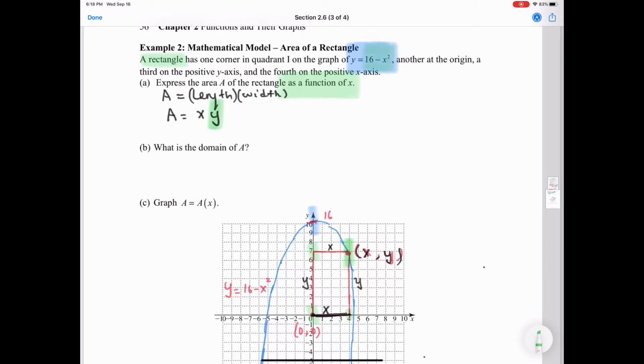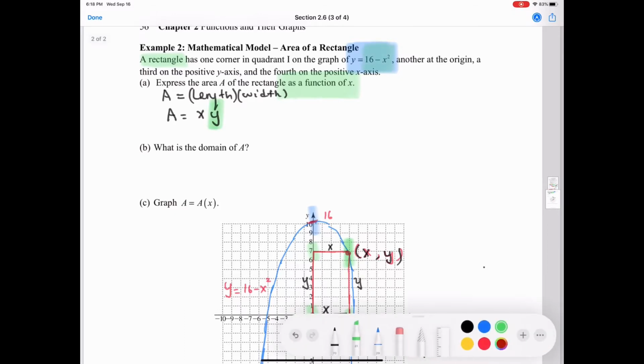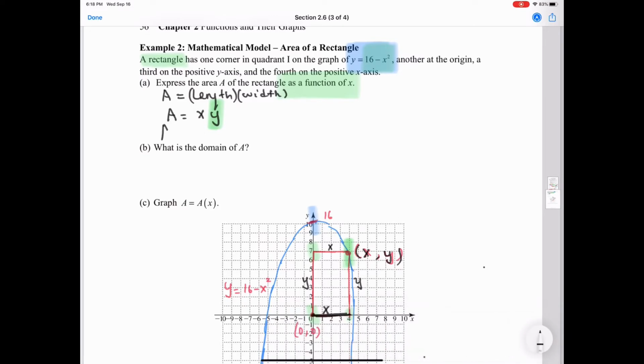Now, the same thing as we did before. If you look here, I have two variables, x and y, so I'm supposed to replace the y. And because the point is on this graph, I can replace this y with 16 minus x squared.